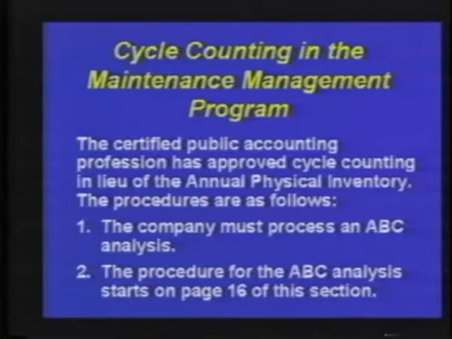It tells you to go back to page 16, and from there on, pages 16 and those that follow address the ABC system. Once you obtain the ABC items, then step 3 addresses the minimum counts per year.